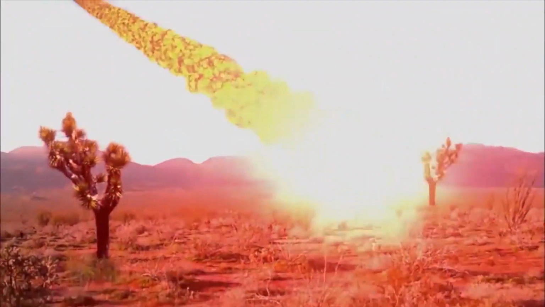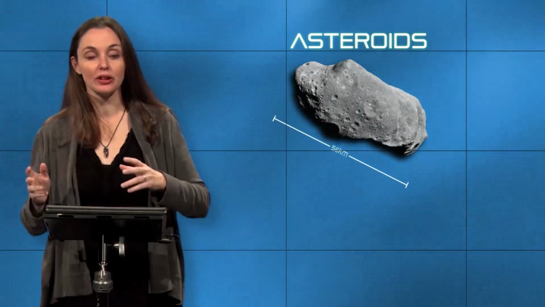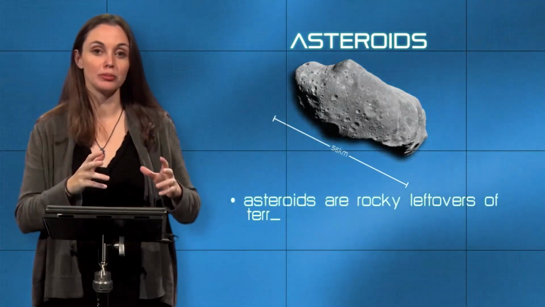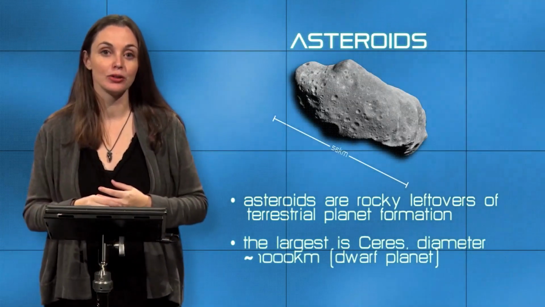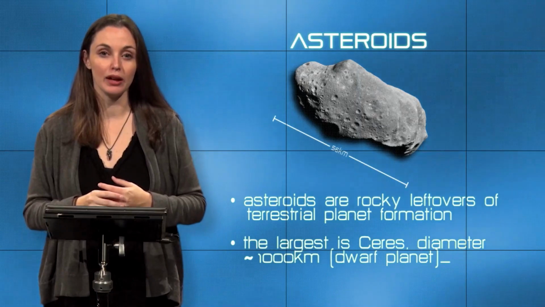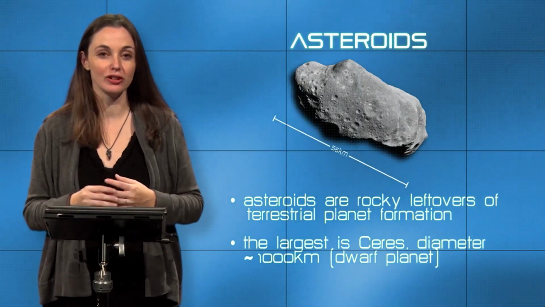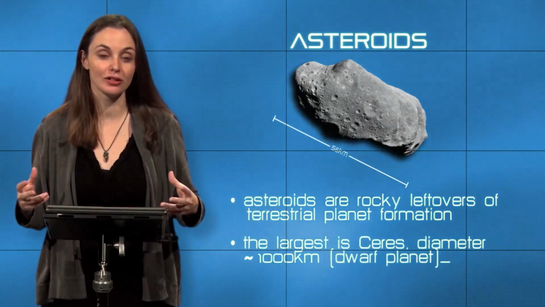So let's start with asteroids. An asteroid is to a terrestrial planet as a comet is to a Jovian planet. The asteroids are basically just bits of rock and metal that were somewhat kind of stunted in their accretionary process.